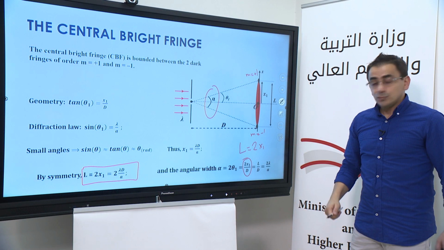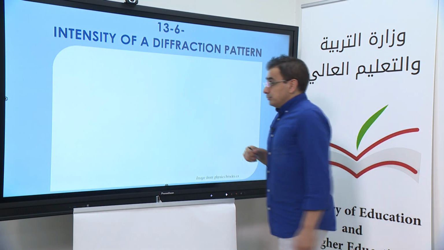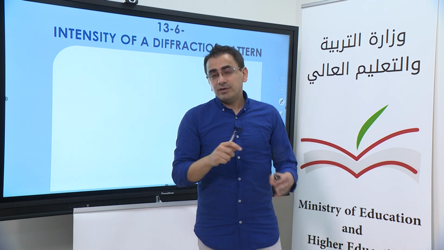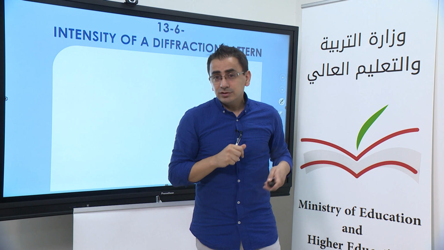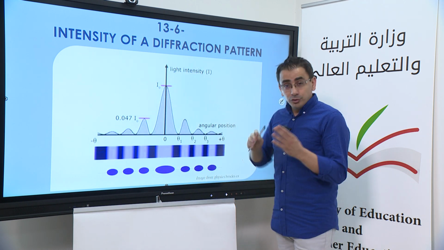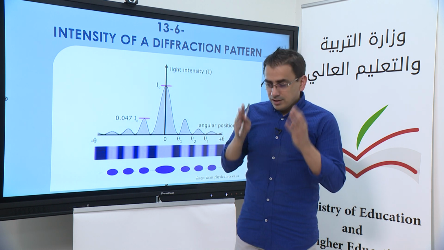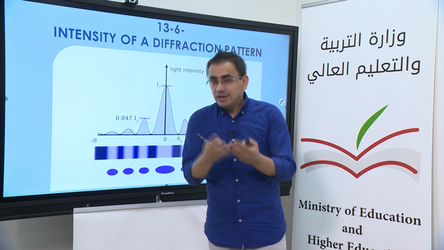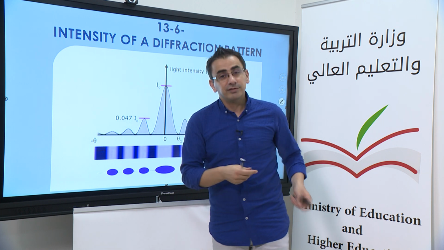Now, another factor we introduced when we were studying diffraction. Now it's time to talk about it. It is the intensity, the luminous intensity of the diffraction pattern. Luminous intensity is the amount of light that you can observe in a certain spot or in a certain fringe.